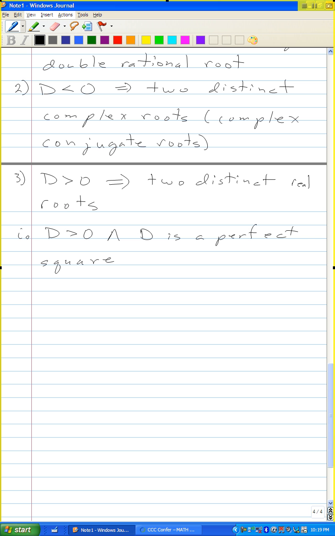Well, I'll just assume that A, B, and C are natural numbers. Okay.